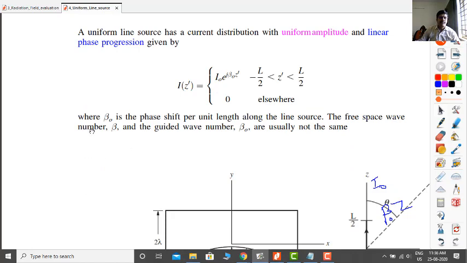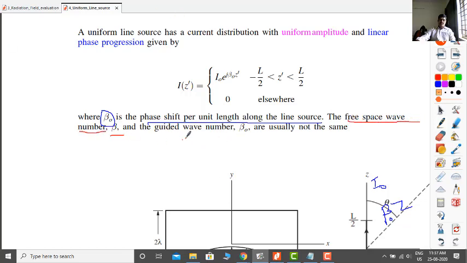Here we will be encountering 2 betas, so we have to know the difference between these 2 beta symbols. One is beta naught, the phase shift per unit length along the line source, and another one is beta. This is the free space wave number.